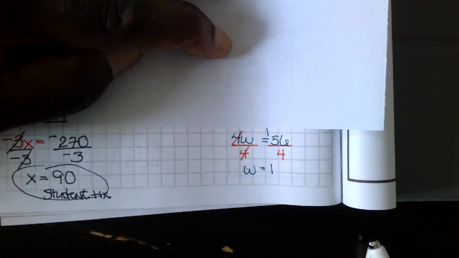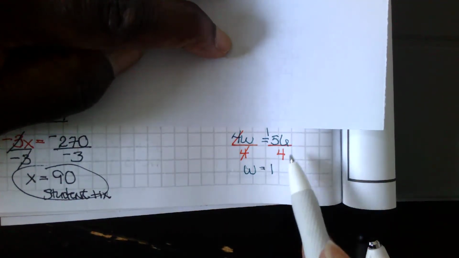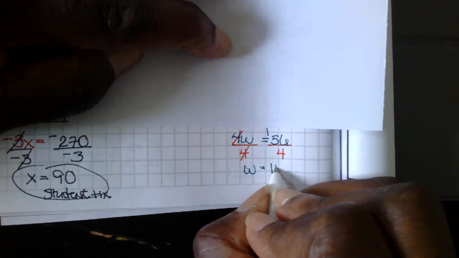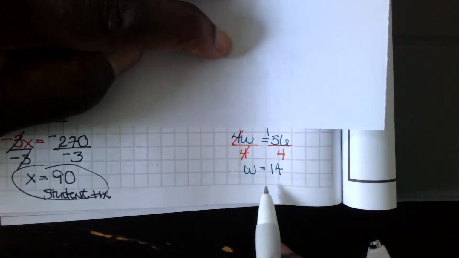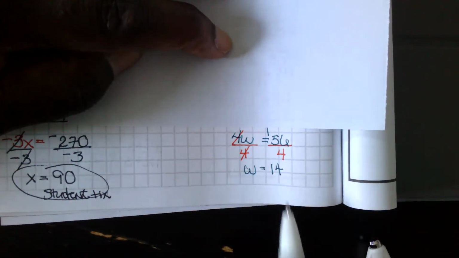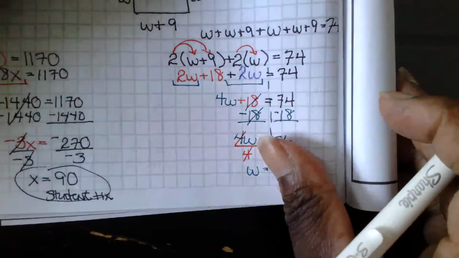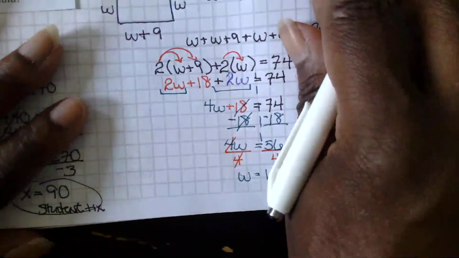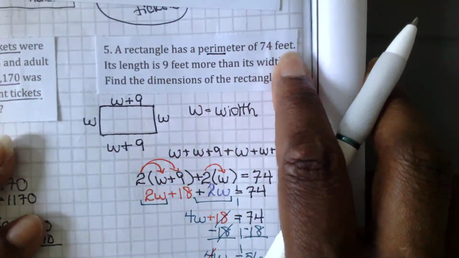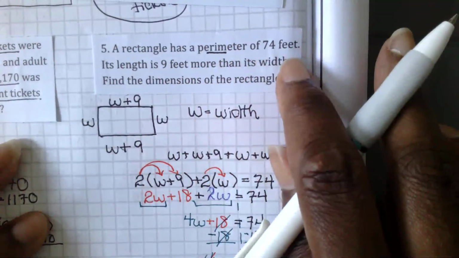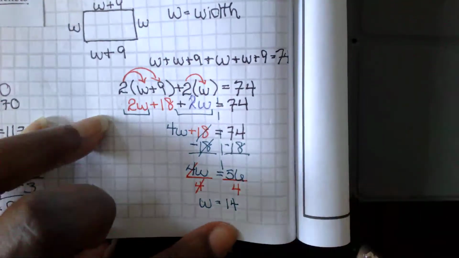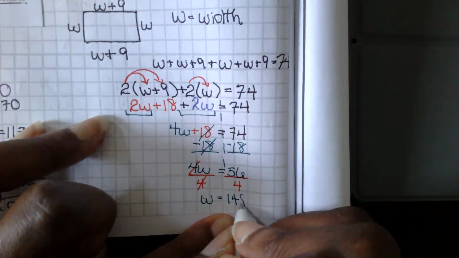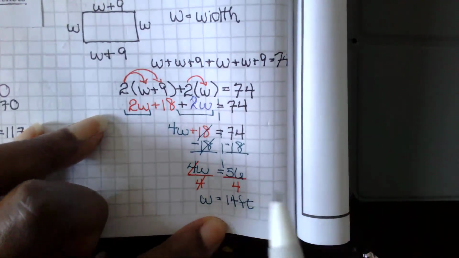With a remainder of 1, so now it's a 16. How many 4s can go into 16? That's exactly 4. So our W is equal to 14. 14 what? Always got to put the measurements. So we're doing everything in feet, because sometimes they switch up items. So that means our width is 14 feet.